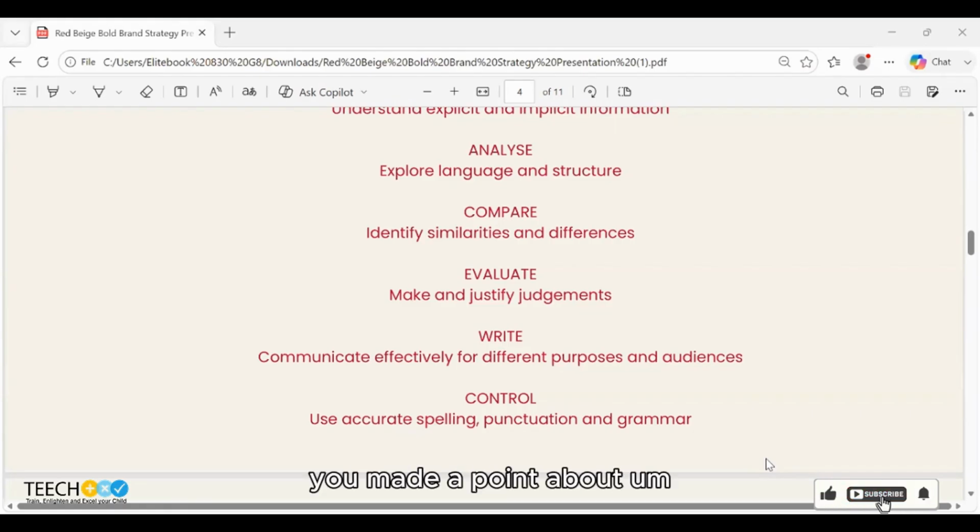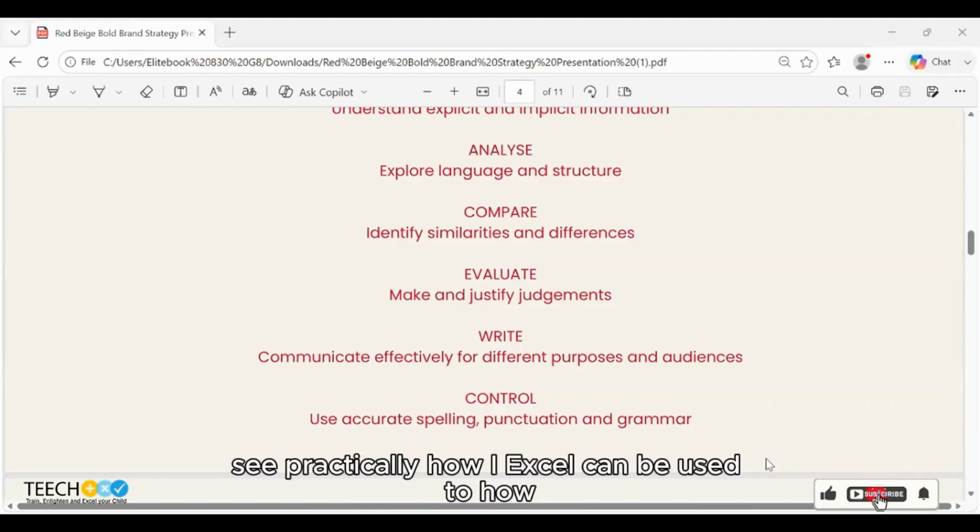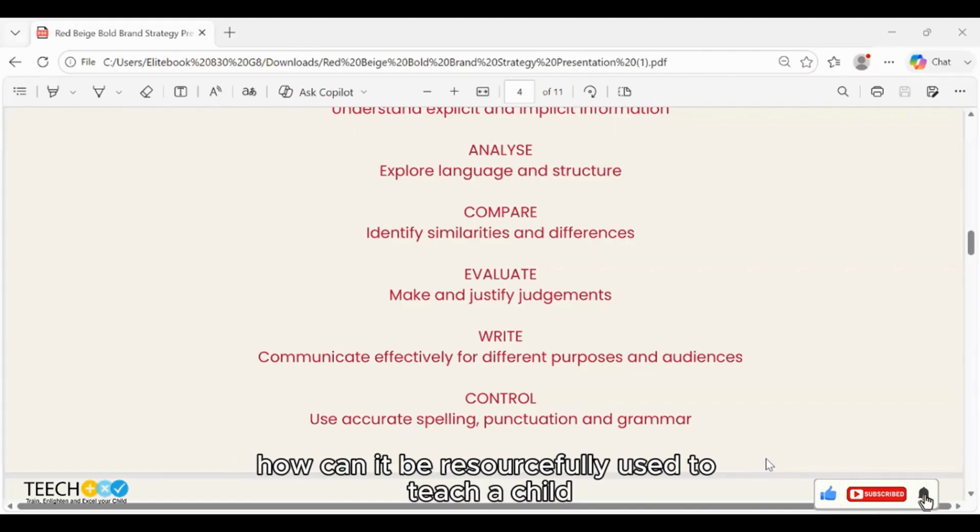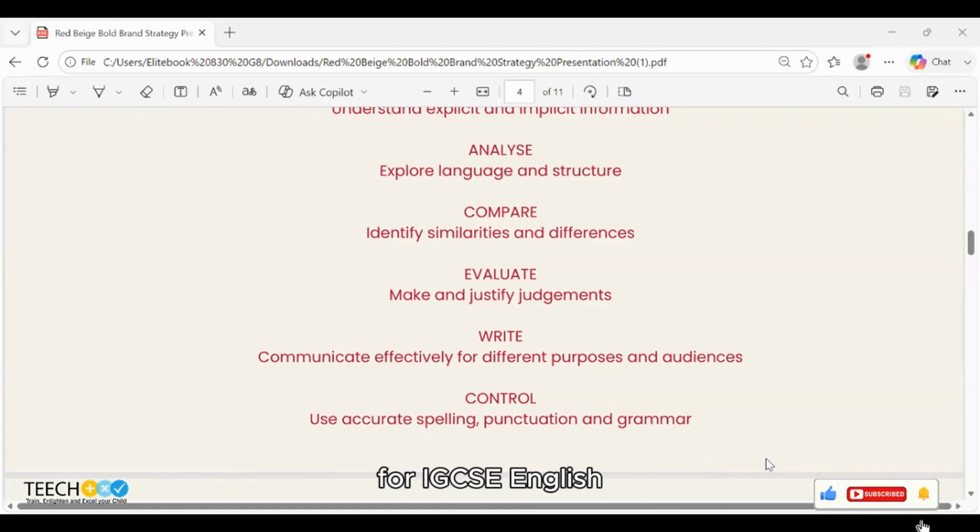Okay, thank you so much, Ms. Laura. You made a point about the use of IXL in teaching GCSE English. My question would be, how can we practically see how IXL can be resourcefully used to teach a child for IGCSE English?